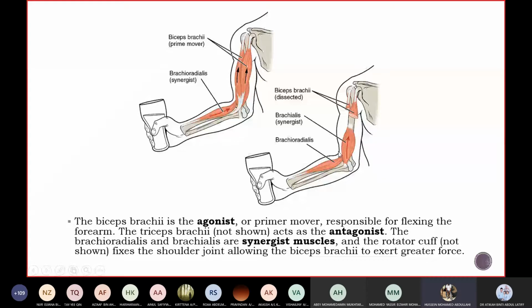It's more deep. Don't worry too much about the muscle names, because you will learn in more detail during your musculoskeletal system. But for now, you need to understand the concept of agonist, antagonist, synergist, and so on. Okay, thank you.